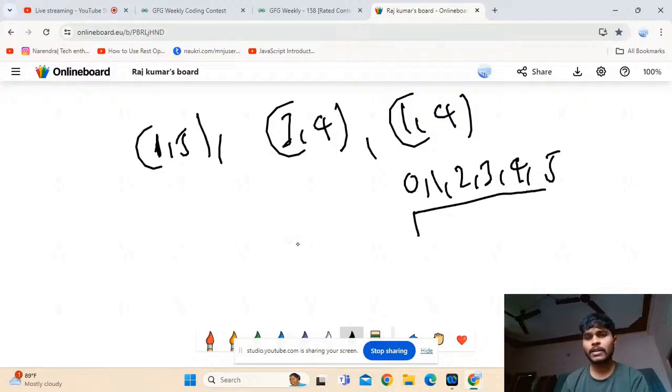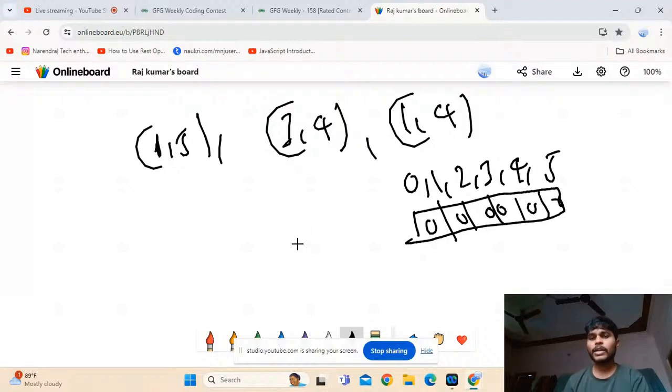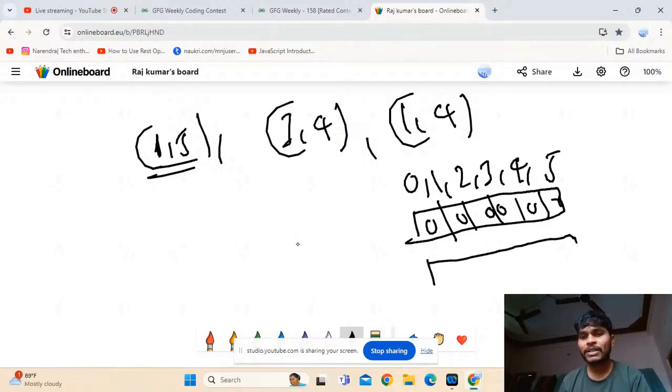Initially they are all zeros. 1 to 5 with 1 based indexing I have to change to 0 based indexing. So 0 to 4, I am increasing with 1.